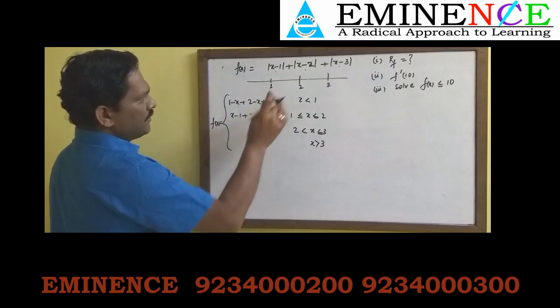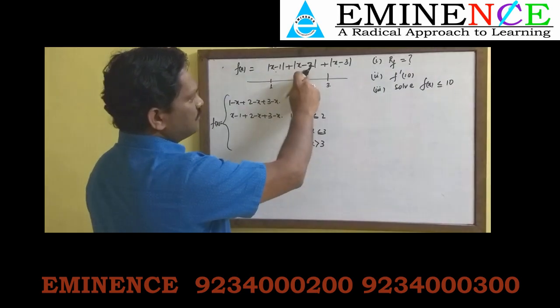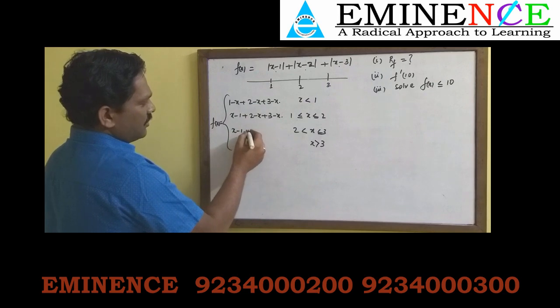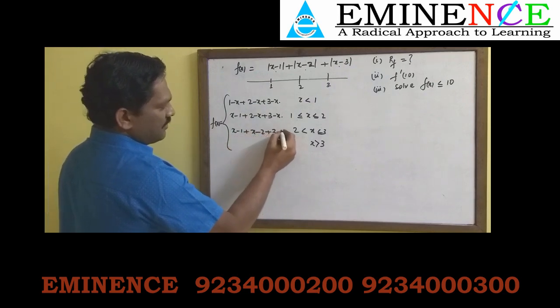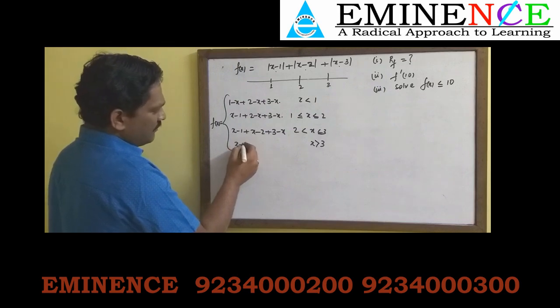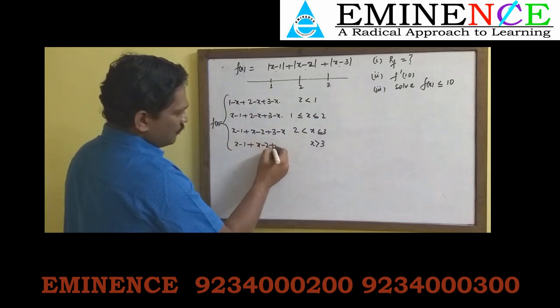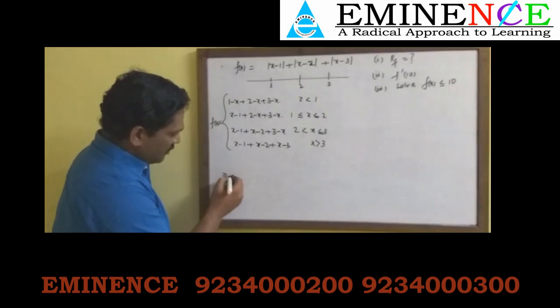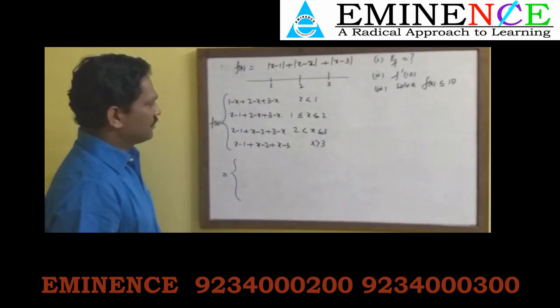Now, between 2 and 3, this is positive, but this is negative. So, x minus 1 plus x minus 2 plus 3 minus x. For x greater than 3, now all three of them are positive. So, how do I write it? Like this.